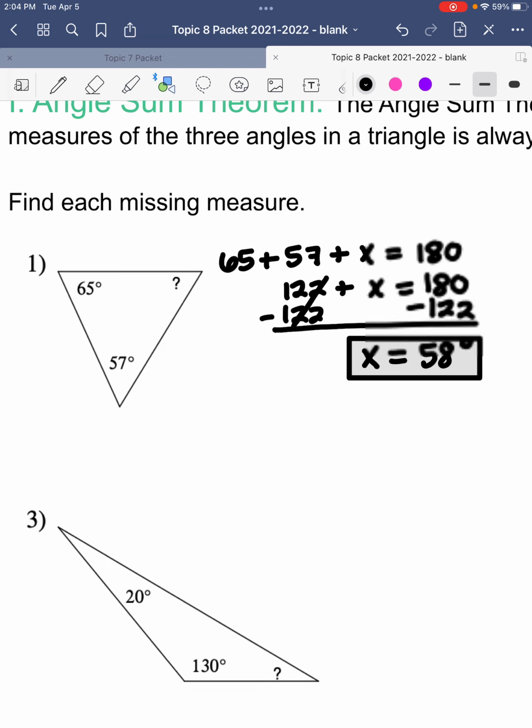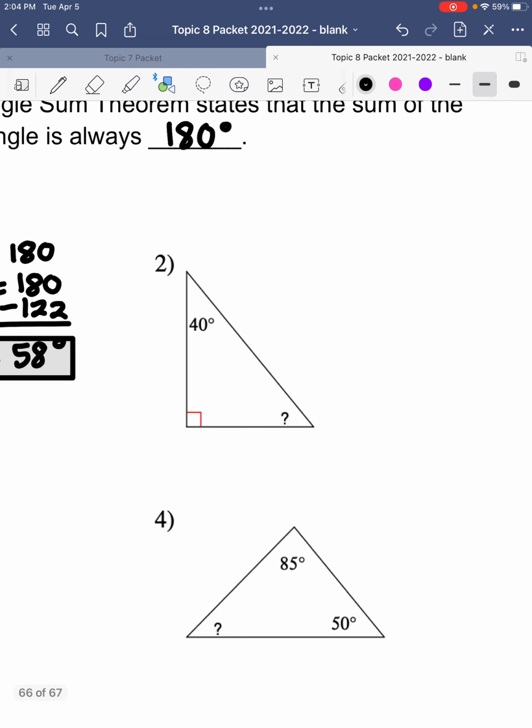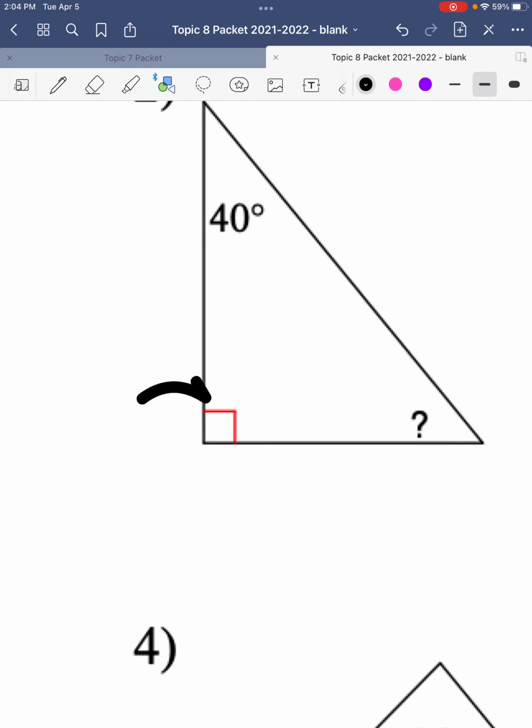Okay, let's look at number 2. So it looks like I'm missing two angles here. But remember, when you see this little square marking in an angle, it means that that angle measures 90 degrees. So I know that that square means that that angle is 90 degrees.